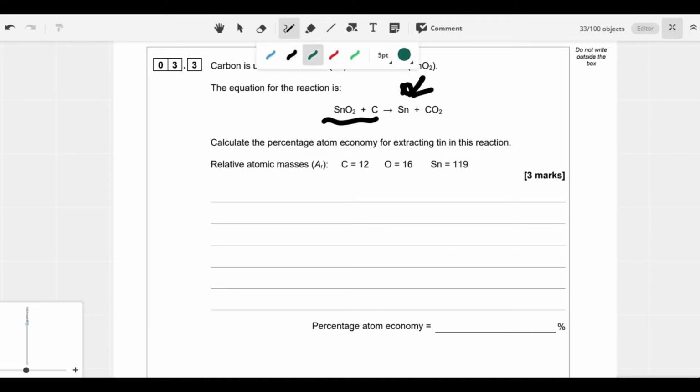So the desired product is 119, and the total mass of reactants would be 119 plus 32 because of the oxygens, and plus 12. So the total, I'm going to calculate, is 163. Times 100, because it is a percentage, so that gives us 73%.